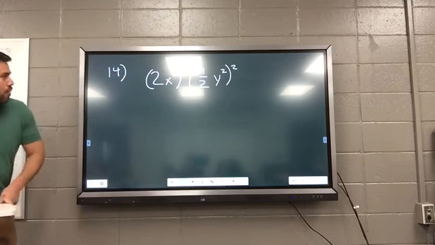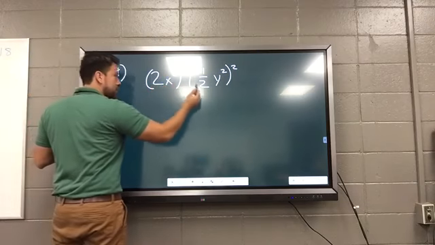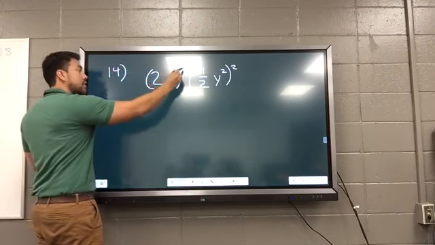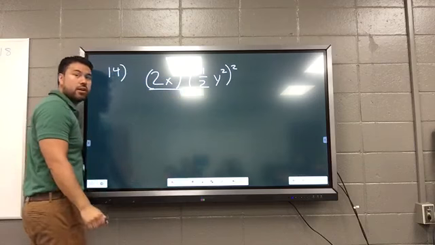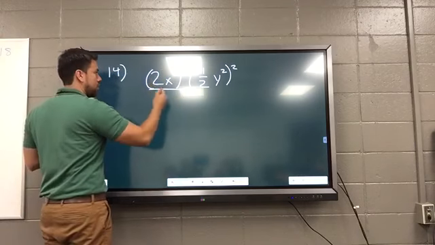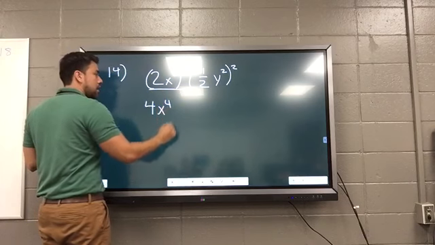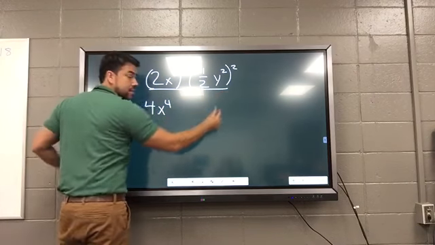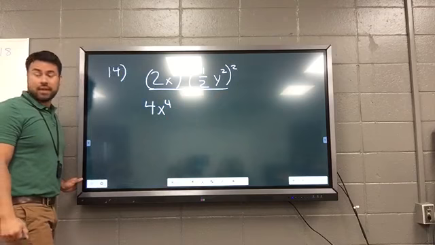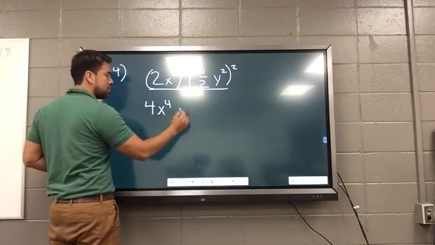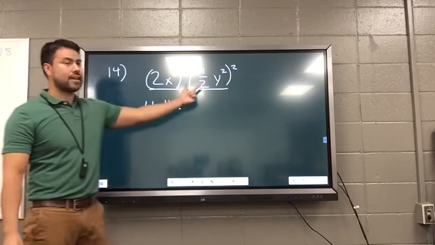Okay, order of operations says I should deal with what's in here, and what's in here, we're done. Then I use the exponents. What would I get here, Turner? What do I get right here? You got 4x. Good. And what's going on between this and this? Multiplication. So if you want to keep it clear, you can just put a little dot there. Okay, second expression.